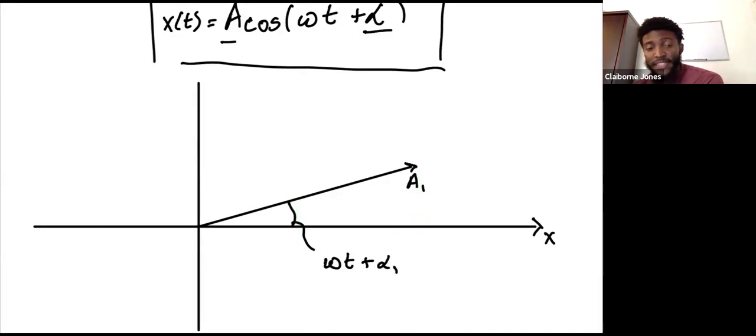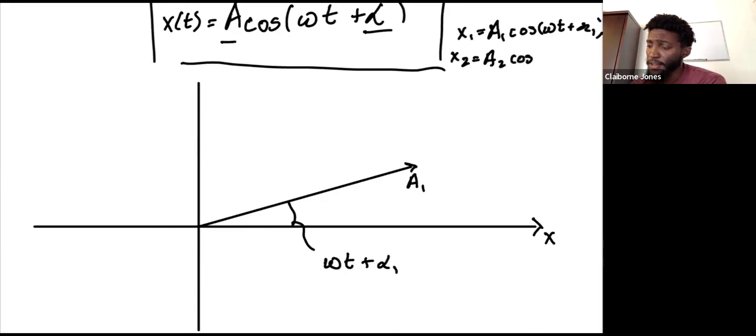And so that's why I'm saying that this vector here is representing our wave x1, which is A1 cosine omega t plus alpha 1. And we could do the same thing for x2. So A2 cosine omega t plus alpha 2. I just want to rewrite these things so that you can remember them.